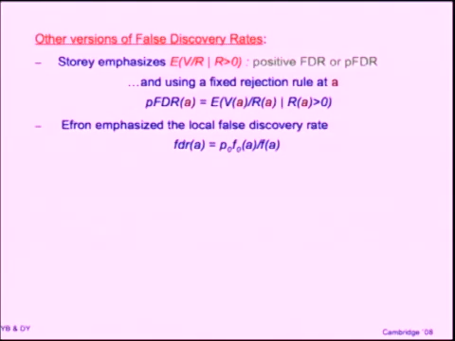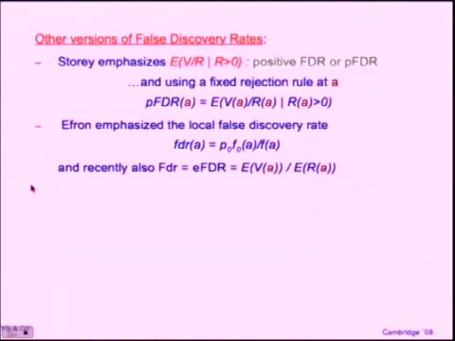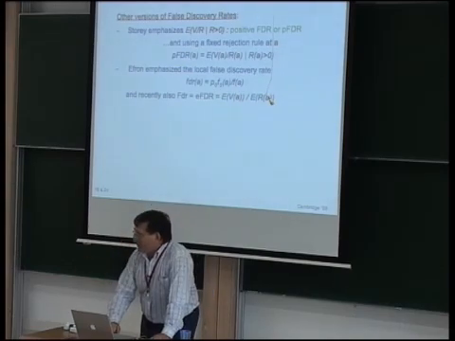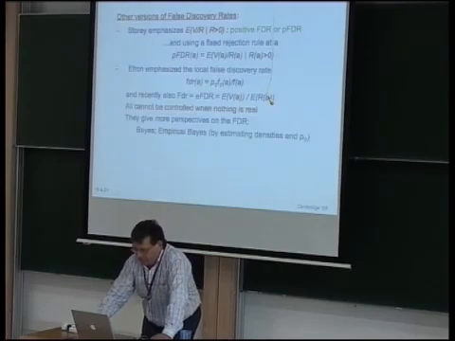Efron, as we learned yesterday, emphasizes the local false discovery rate, and I will not repeat it, but also recently he mentioned the expected false discovery rate. This is his notation, with the expected value of the false discoveries divided by the expected number of discoveries. It's a problem because there's no connection between what you discover in your experiment and the errors you're making in your experiment. So it's something easy to work with, but not that important.